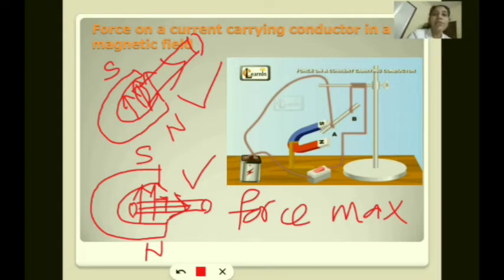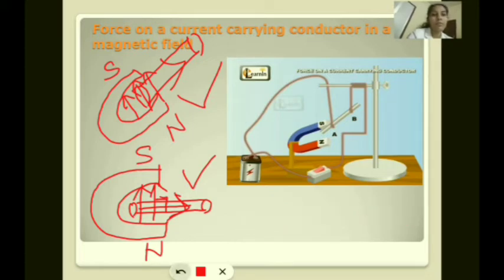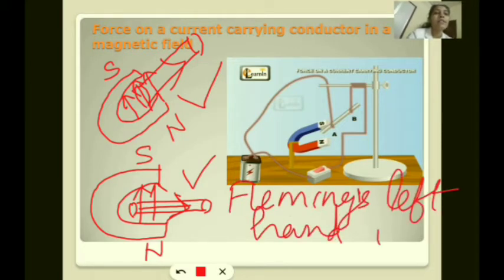The direction of this force can be found out by applying a rule which is known as Fleming's left hand rule. It's a very important rule, my dear children. It is Fleming's left hand rule. And you had already studied about one rule by Maxwell, that is Maxwell's right hand thumb rule. So many rules are there in this lesson, so don't get confused.